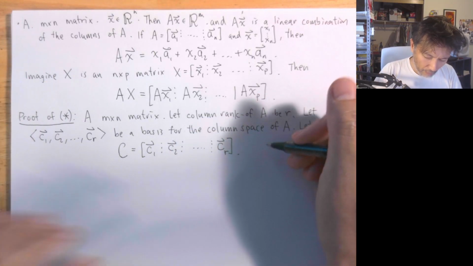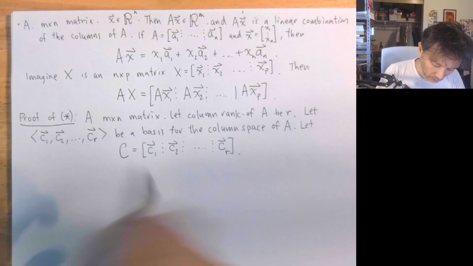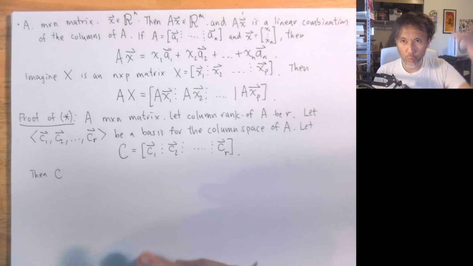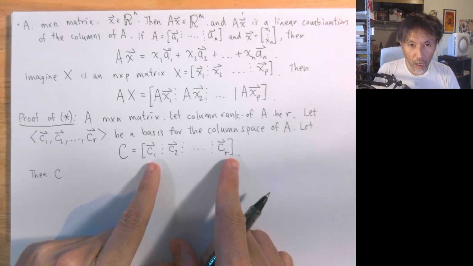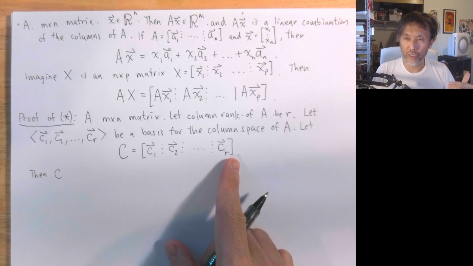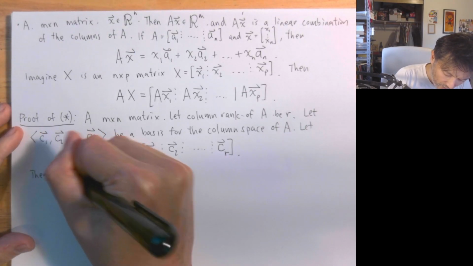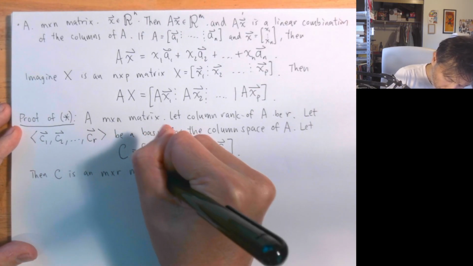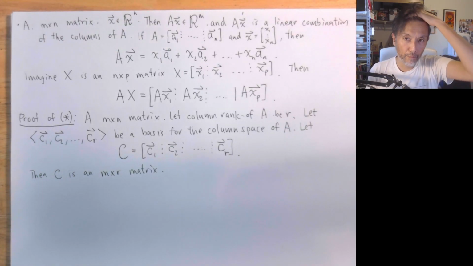And this has shape, and I'll just note this in green, the number of columns is easy. It's r columns. How many rows does it have? I believe it has m rows. This is an m by r matrix.